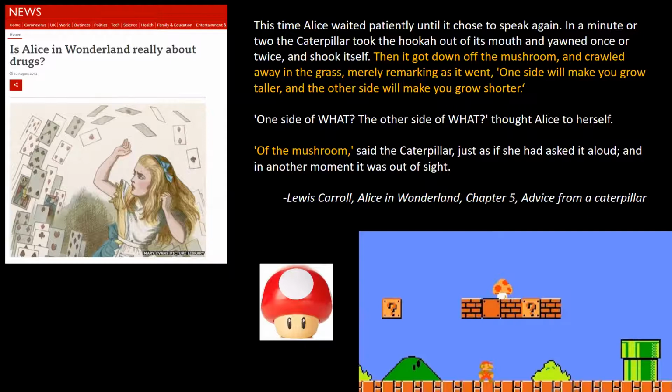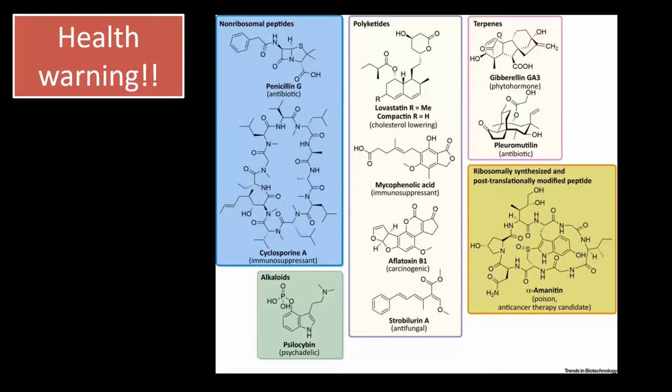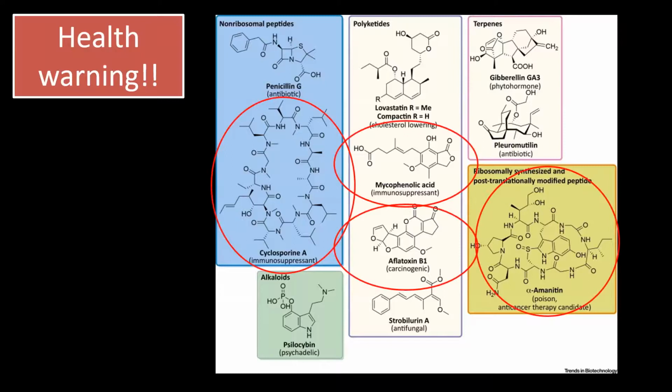It all sounds great, and before you start thinking to yourself, wonderful, I know what I'm adding to my Christmas list now, fungi are packed full of other psychoactive and indeed pretty poisonous substances, which I would absolutely not recommend taking. For example, you'll have seen on the same image lots of immunosuppressants, lots of carcinogens, lots of poisons.